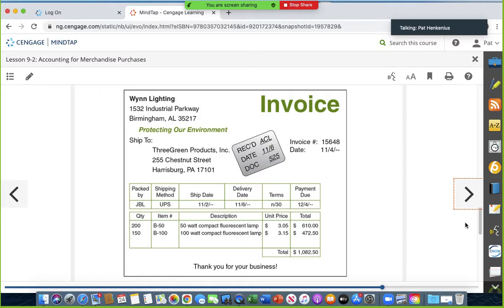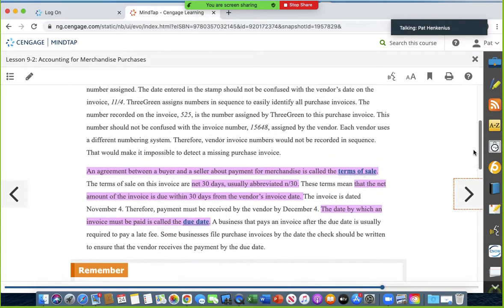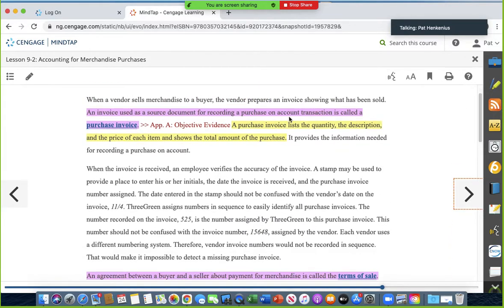But when we order it for real, we'll get an invoice saying we get billed, and it'll say all the same things. You'll have a date, it'll have terms. So an invoice is the source document. We had checks, receipts. We're going to use the purchase invoice.